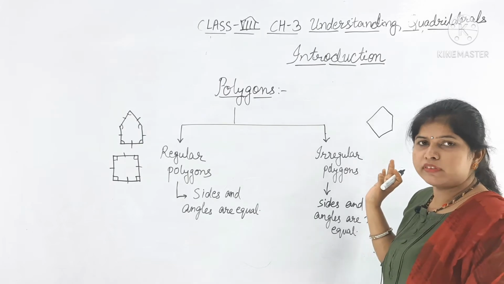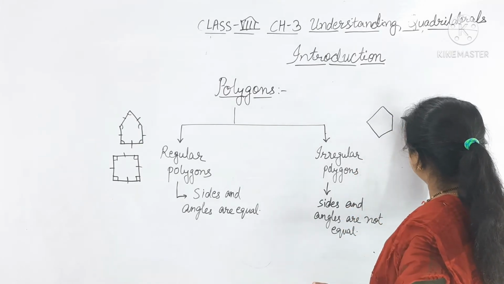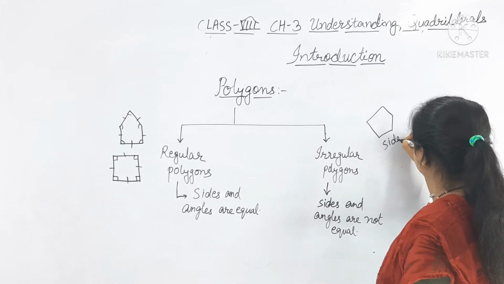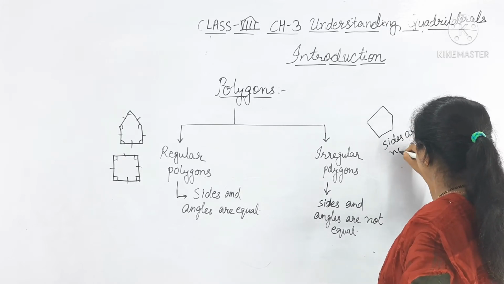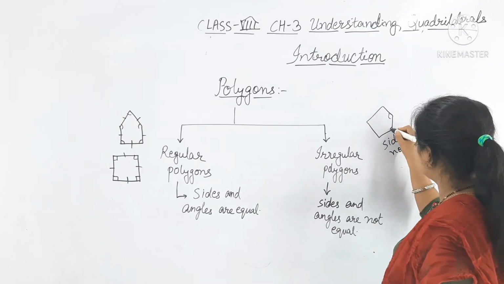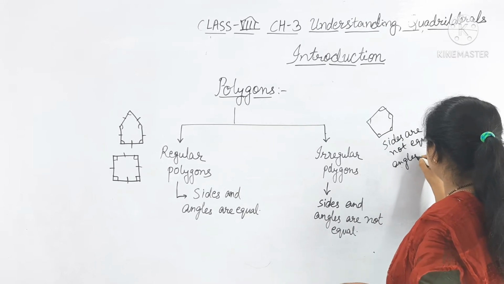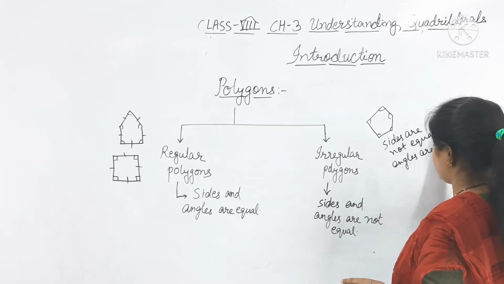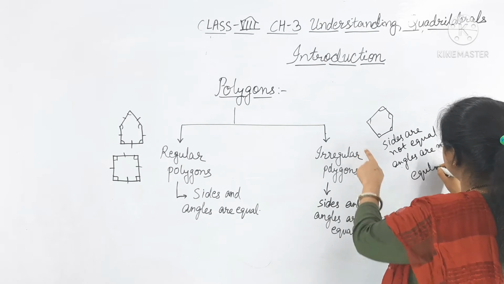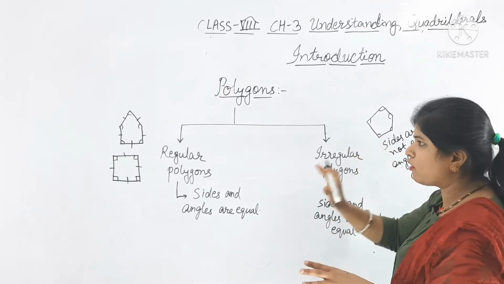Number of sides is 5, penta, that is pentagon, but sides are not equal. So maybe angles are not equal. So what we call it is simply pentagon, not regular pentagon.